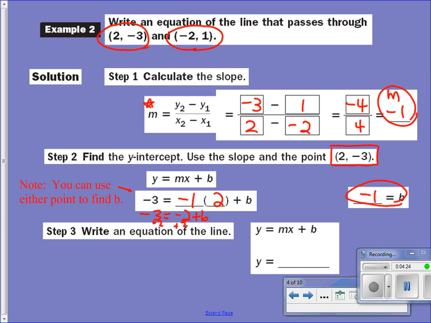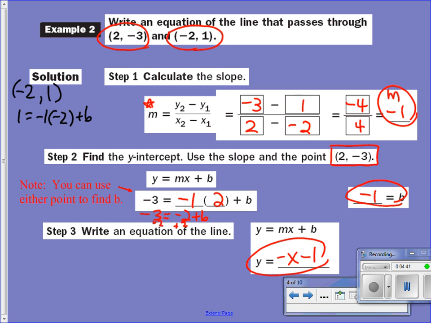Now, the equation then, now that we have our m and our b, is y = -x - 1. If you had used the other ordered pair, (-2, 1), with our slope information, you would actually get the exact same answer for b.